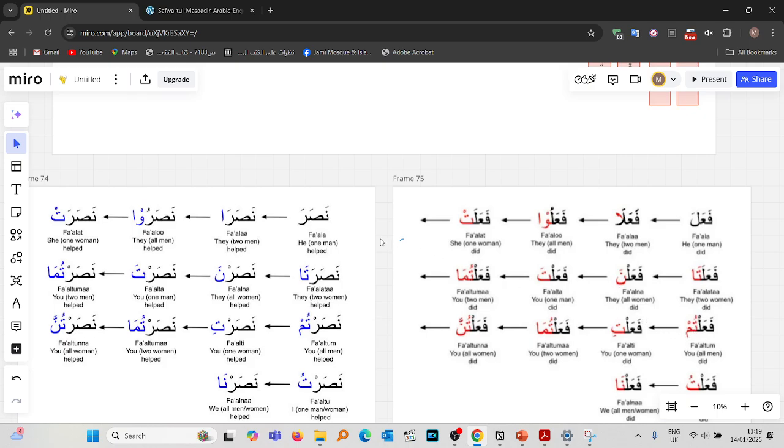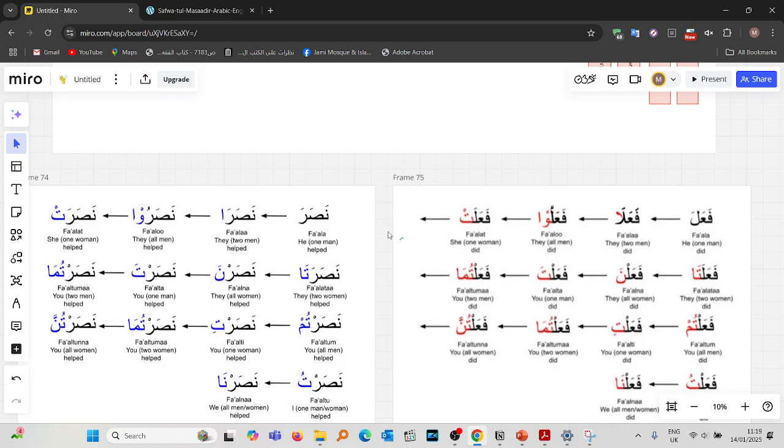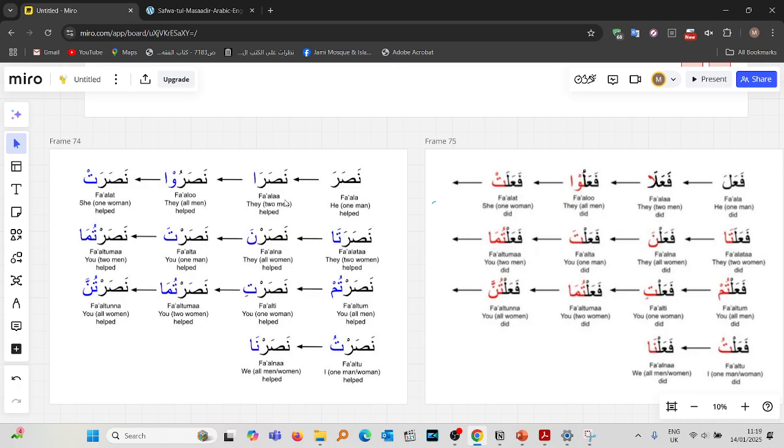Now I want you to memorize another verb within the same scale of fa'ala, which is nasara, which means to help. Nasara, he, one man helped. It's really easy if you memorize this properly, because the only thing that's changing is the three root letters and obviously the meaning, because this is a different verb altogether. Other than that, the pattern is the same because nasara falls into the scale of fa'ala. As you can say, nasara fa'ala.